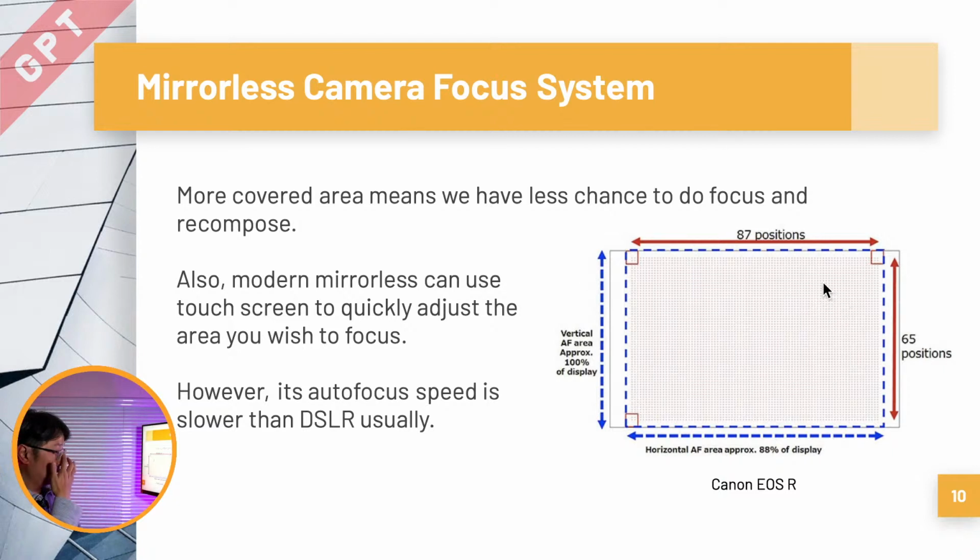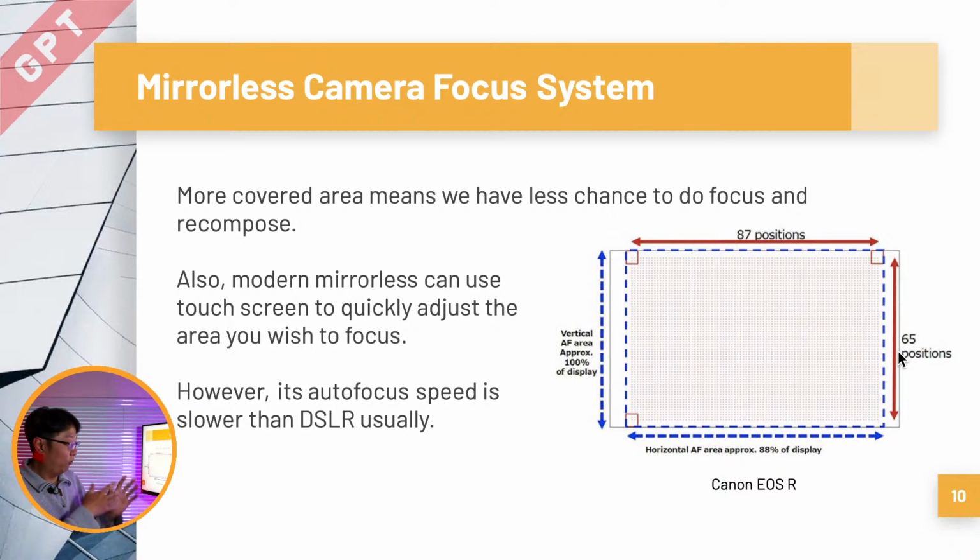And also when we talk about the on-sensor focusing system, they have many positions you can choose from. This one is 87 on the horizontal line, and 65 rows, you can say. So there are just way too many points you can choose.